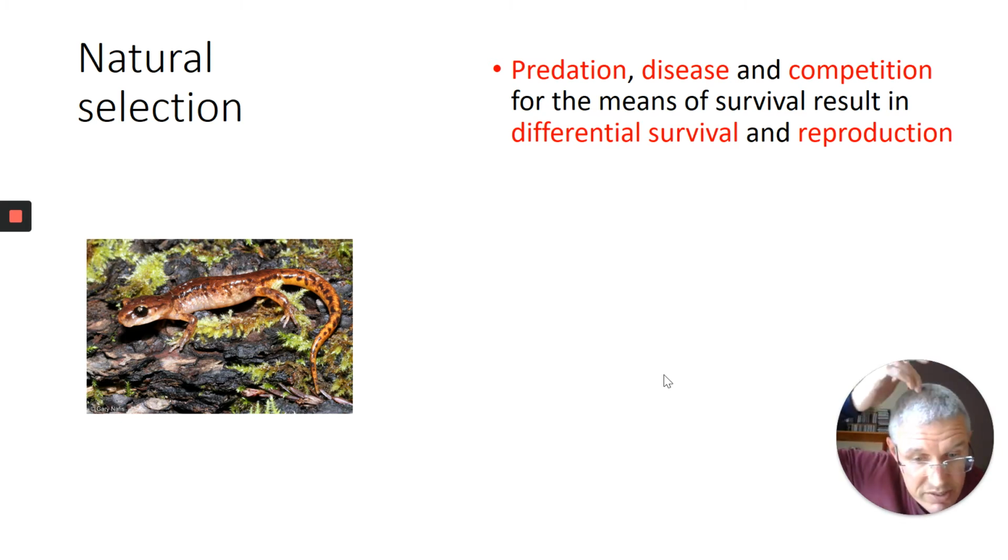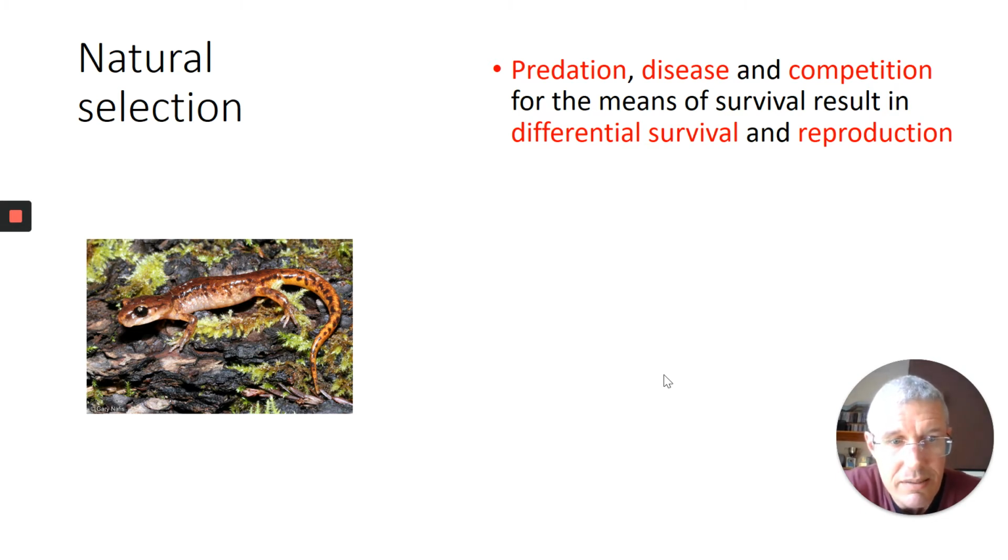Salamanders: there's overproduction of salamanders, so the parent salamanders will produce lots of offspring. And during their lives, lots of things will happen to these salamanders, which will mean some survive better than others. So the obvious things we normally talk about are predation: do the salamanders get caught and eaten?